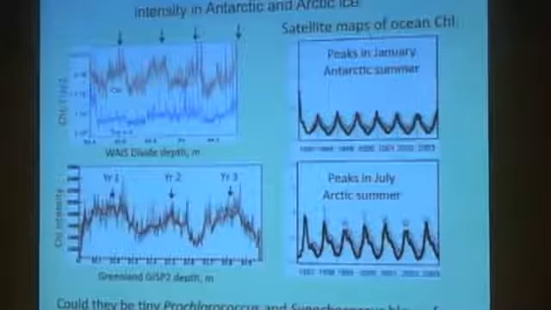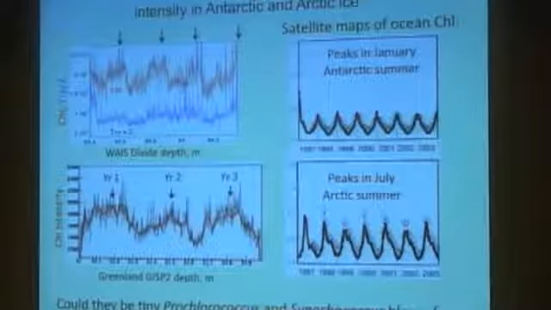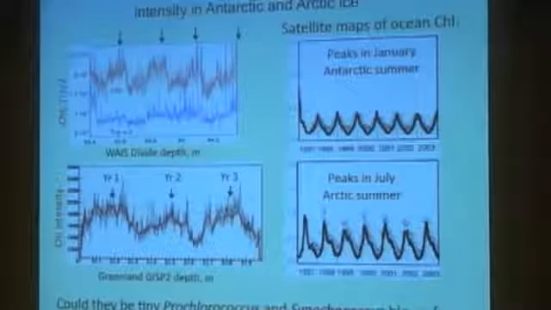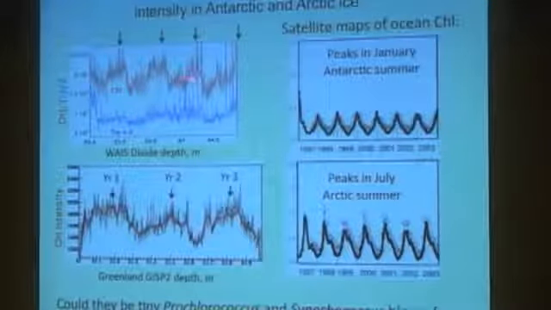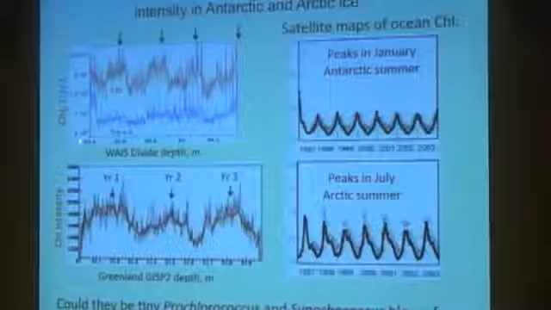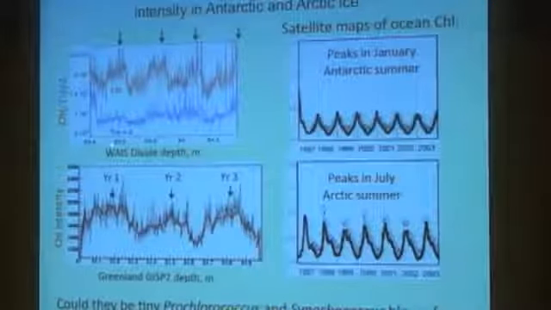Now, I'm going to give you, first of all, a suggestive argument that I thought we might have Prochlorococcus and Synechococcus inside of those ice cores. And here are the records of our Berkeley fluorescence spectrometer going. I'm just taking a few examples, but this is the West Antarctic ice sheet divide.